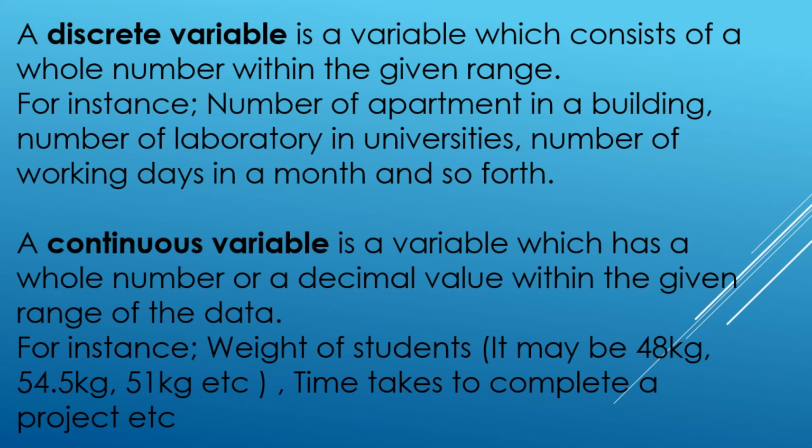It is also possible that the weight of a student is 55.5 kg, 51.8 kg, and so on. So a continuous variable consists of a whole number along with a decimal number, or only a whole number. Another example is the time taken to complete a project, and there are many other examples.